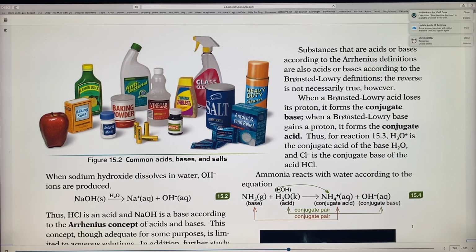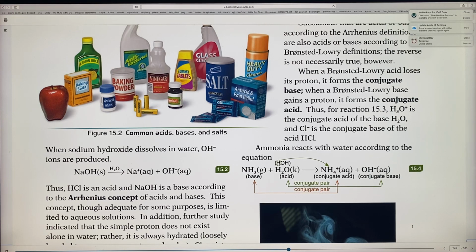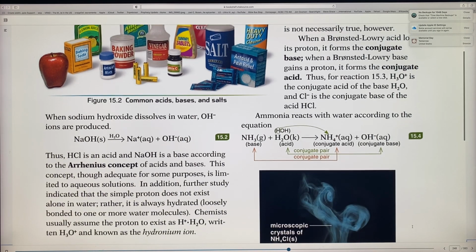So you can use the simpler Arrhenius definition, or you can use the other, but the reverse is not really necessary. When a Bronsted-Lowry acid loses its proton, it forms what's called a conjugate base. And when a Bronsted-Lowry base gains a proton, it forms a conjugate acid. So let's look at this 15.3 here.